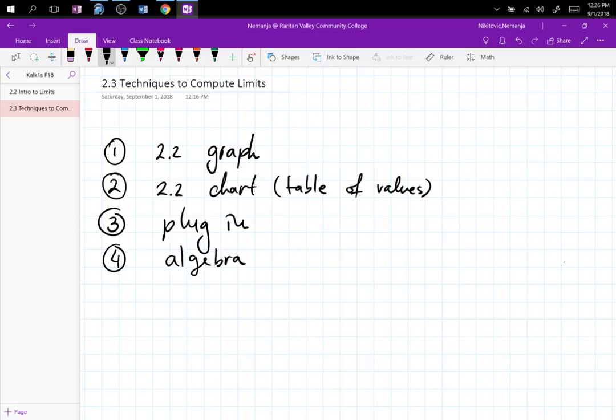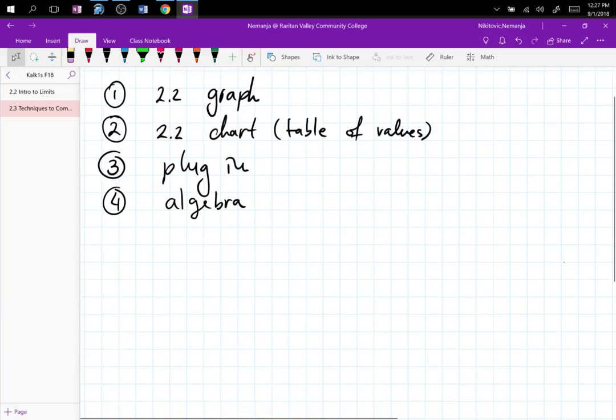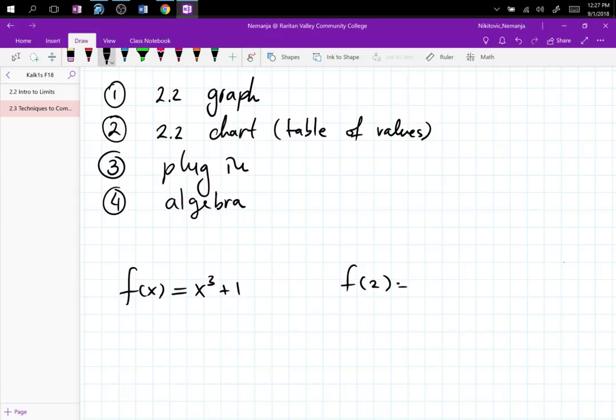So we said that the limits compute the y value of the function, and we have seen that for that example of x cubed plus 1, f of 2 was 9, and the limit of x cubed plus 1 as x goes to 2 was 9.